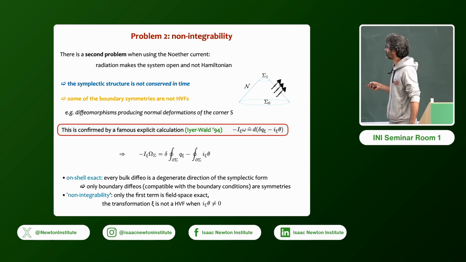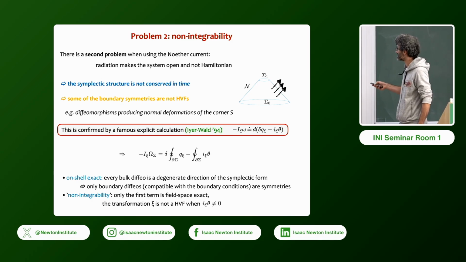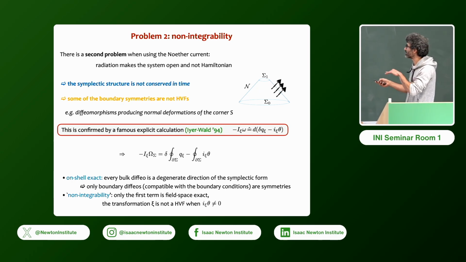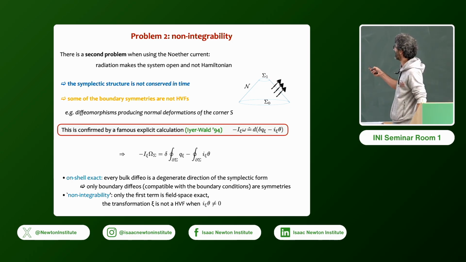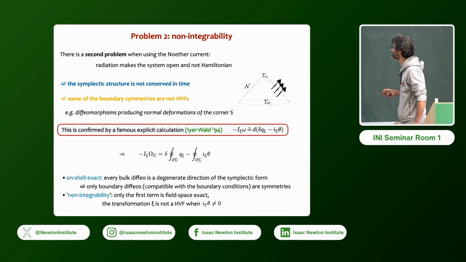But also, you get that typically they don't correspond to Hamiltonian vector fields, so this thing is not exact. There is an extra term. This extra term vanishes if psi is tangent to the corner, which makes sense because then you're not moving the corner so that it sees the dissipation, as in the case of a time or retarded time translation. So this is the problem of non-integrability of these charges.